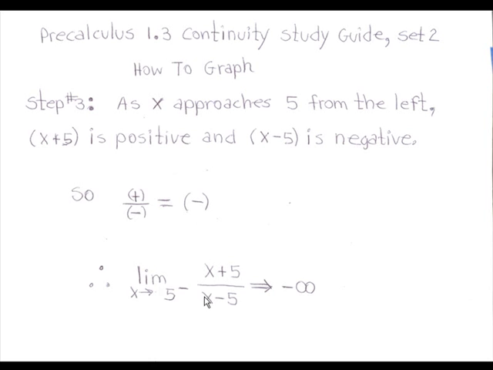But remember that as we get closer and closer to 5, the difference between that number and 5 gets smaller and smaller. So for example, if I put 4.9999999 into this function, I'm going to be left with 0.99999 in the denominator.